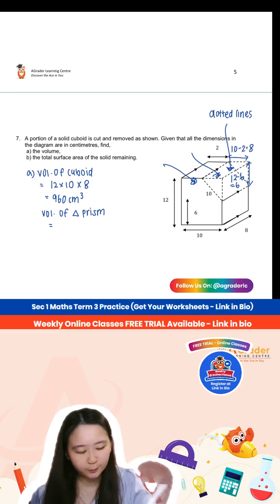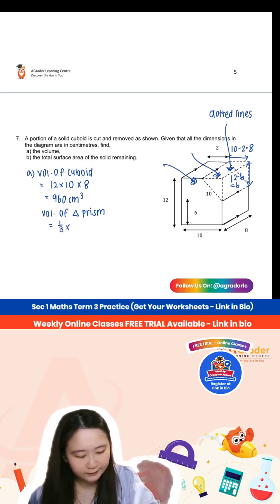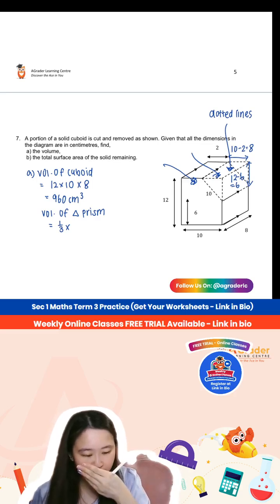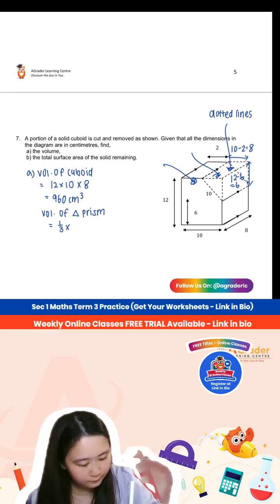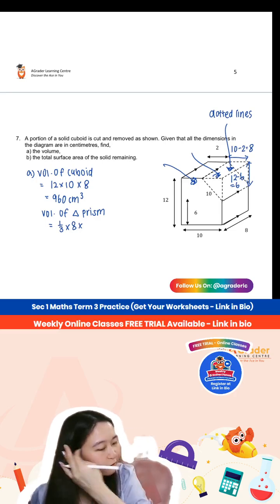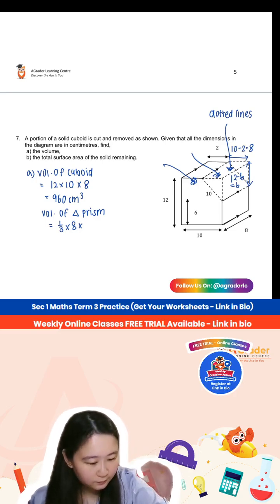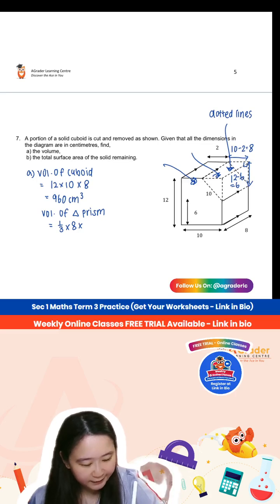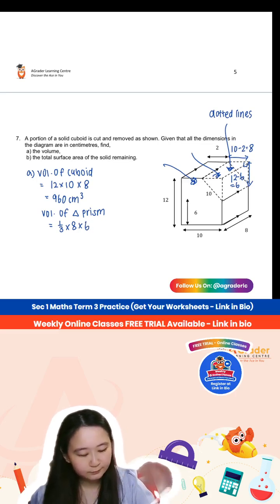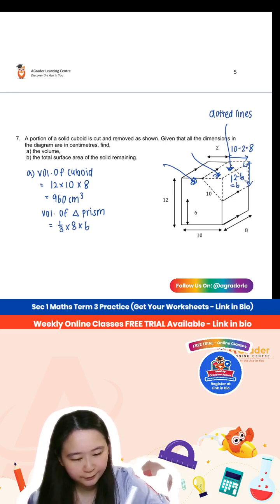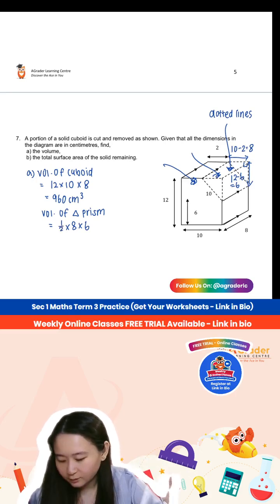Okay, volume of the prism, 1/3 times the length of the triangle, 8 times 6. So this is the area of the triangle. Sorry, it should be half.